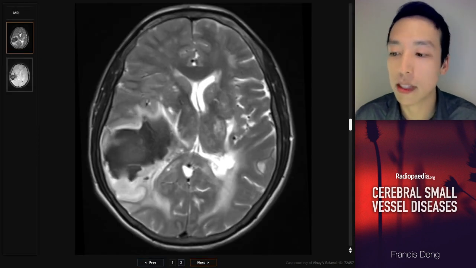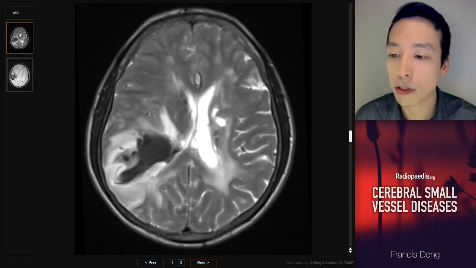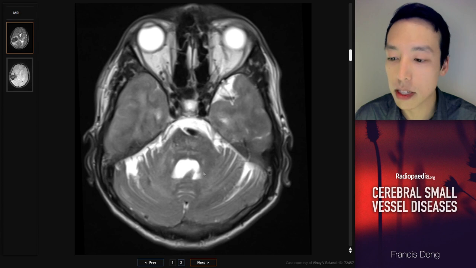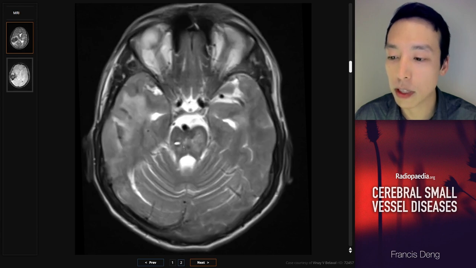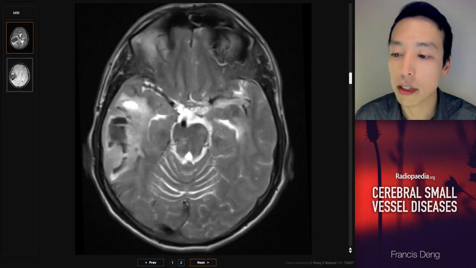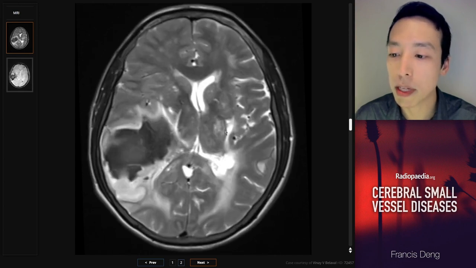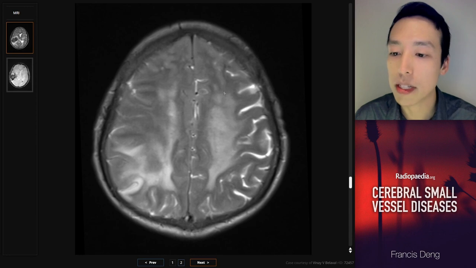And unfortunately, they had intracerebral hemorrhage on the right cerebral hemisphere that would account for their focal neurologic deficit. And as to why, we can see the background of sequelae of prior small vessel disease. We can see a lacune in the right part of the pons here. We can see lacunes in the basal ganglia, and we can see confluent white matter hyperintensities.